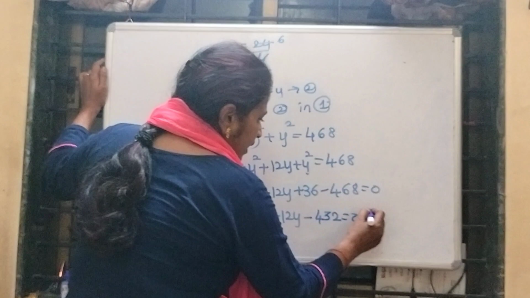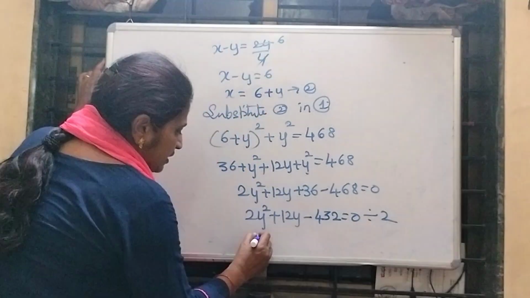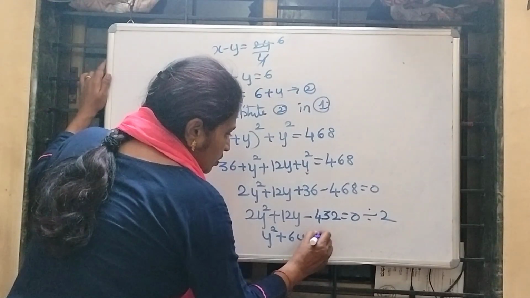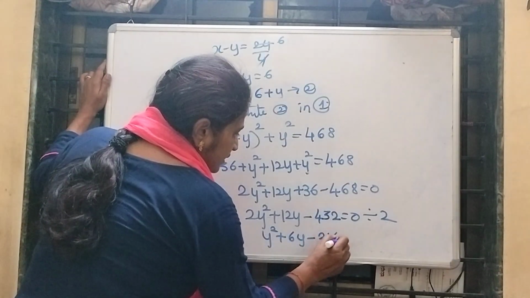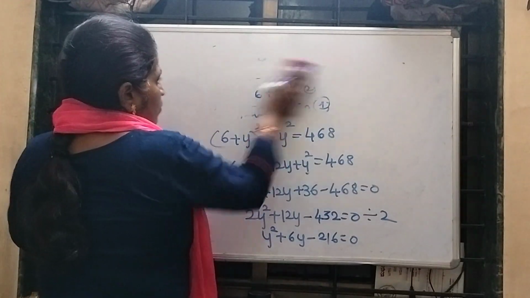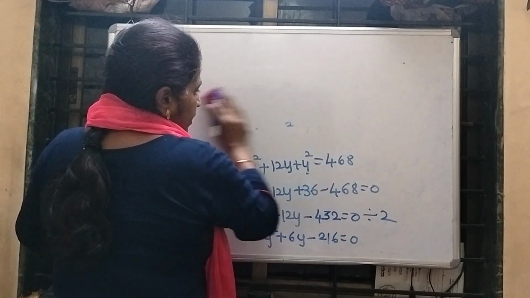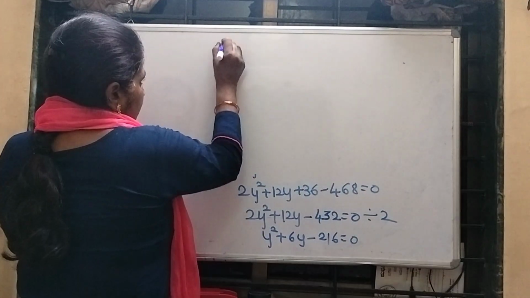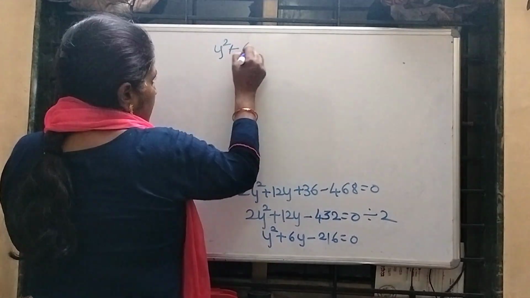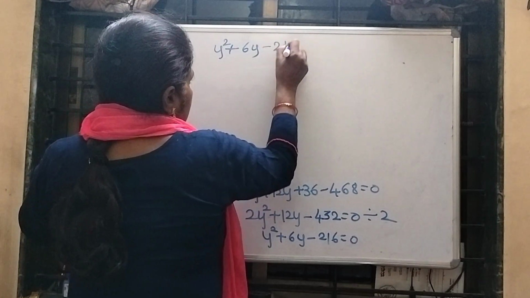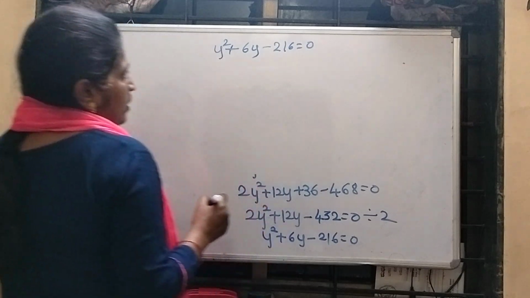Divide the whole by 2 to make it simple. y square plus 6y minus 216 is equal to 0. Now we got a quadratic equation, and you can solve it.